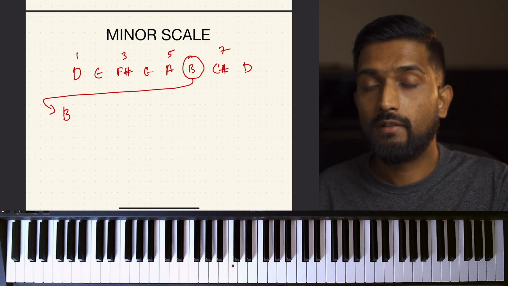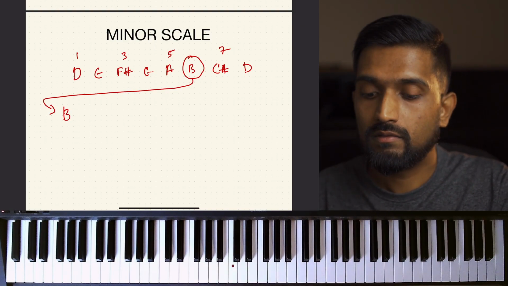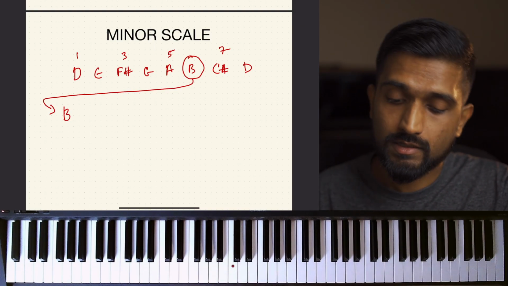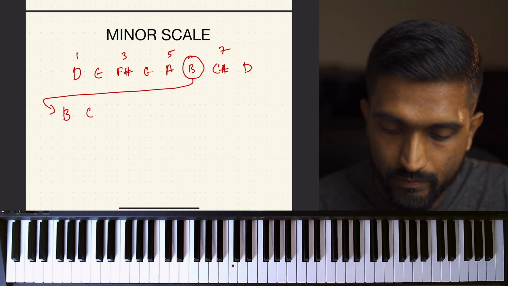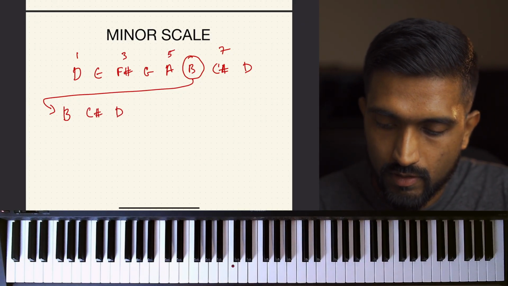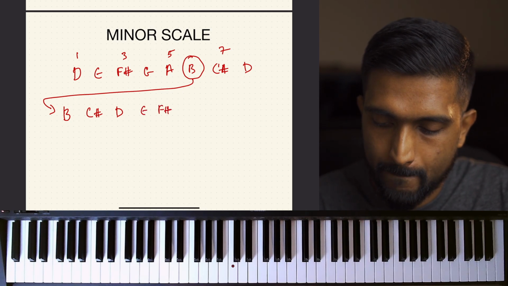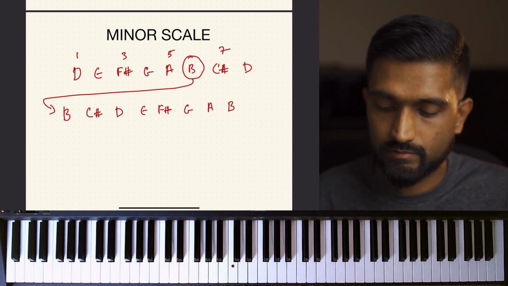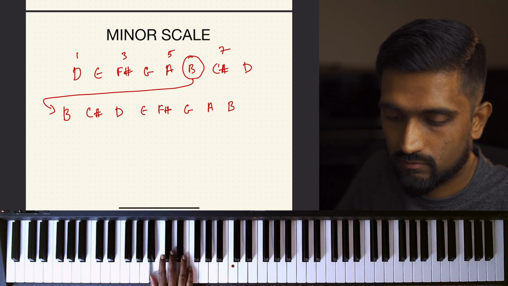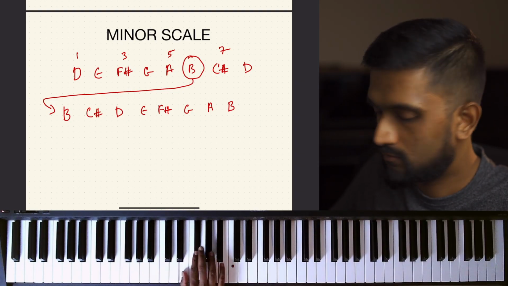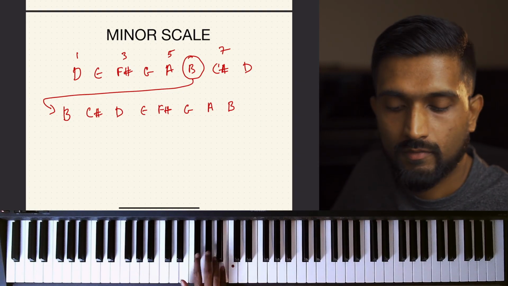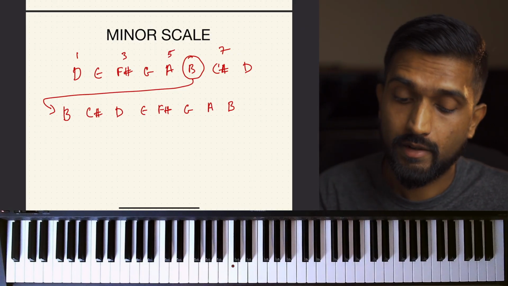So B natural minor would be the same scale as it is starting from B. So you get B, C sharp, D, E, F sharp, G, A, and B. That's your B natural minor.